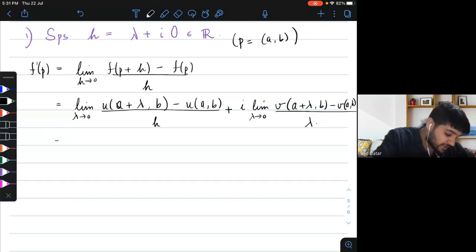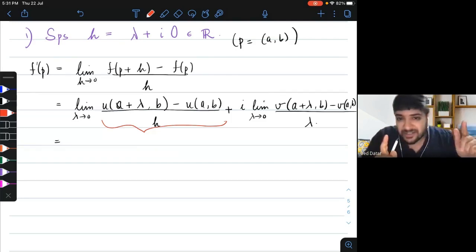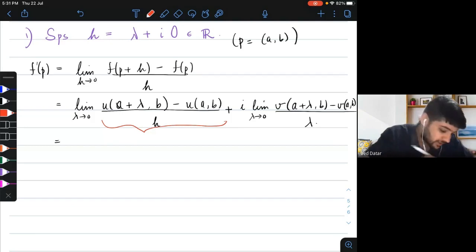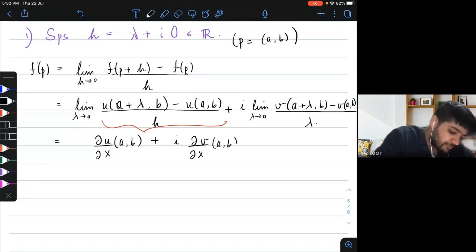But now you notice, what is this limit? You have a real valued function of two variables and you're only varying the first variable and taking the difference quotient, right? So by definition, this will just be del u by del x at the point a comma b plus I times del v by del x at the point a comma b.